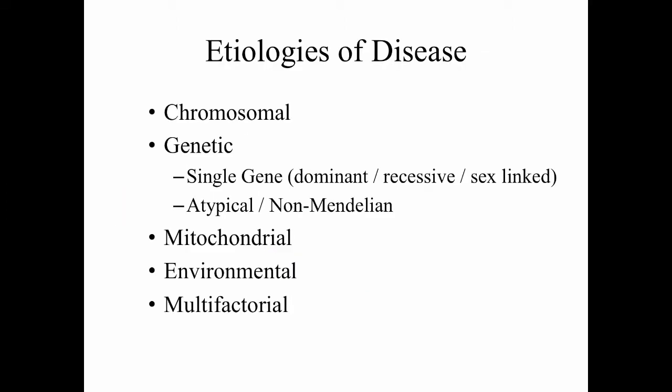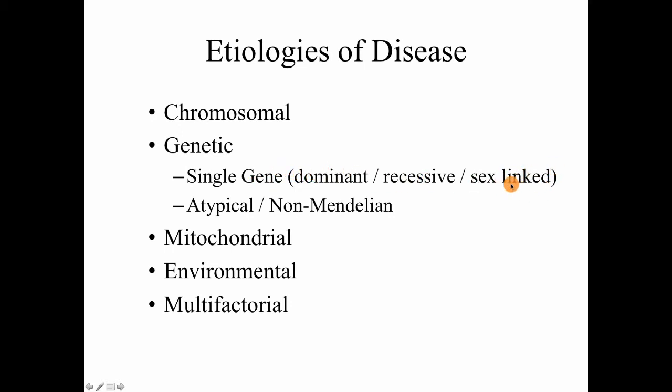So what I'm trying to suggest, just as some background information, and we'll see this throughout our course, is that if you look at etiologies of disease, there may be chromosomal causes of disease, there could be genetic causes of disease that may relate to single gene defects like dominant or recessive or sex-linked conditions.